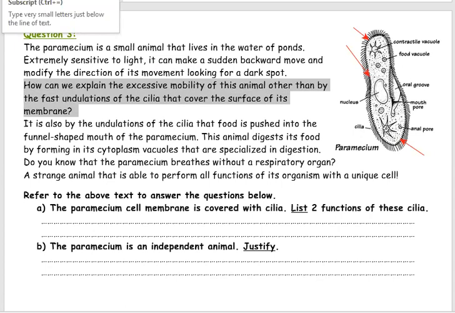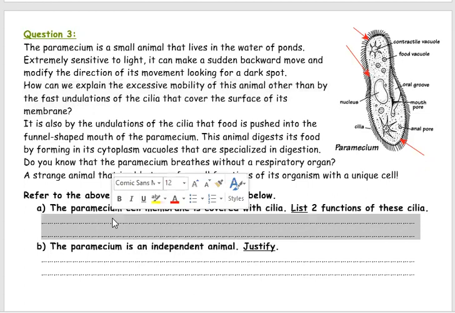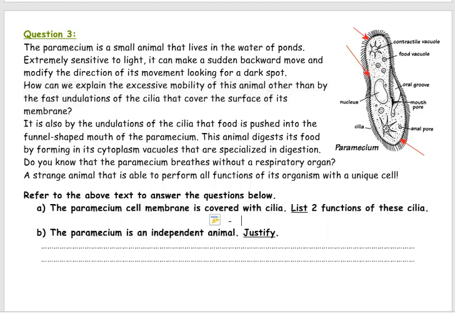So this small hair helps the cilia to move. It can modify its direction and its movement. It can make a sudden backward, like they are saying at the beginning. So the first function of these cilia is one, to help the paramecium move.